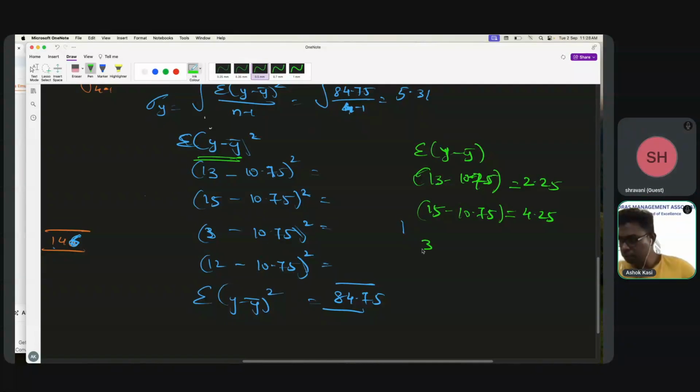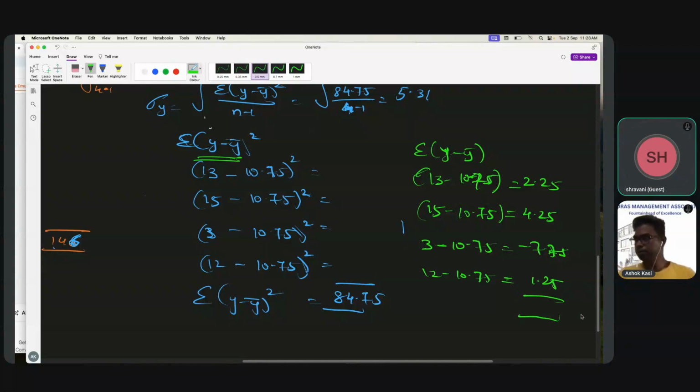Then 3 minus 10.75 is minus 7.75. 12 minus 10.75 is 1.25. Add up all this, it will come to 0. And that is why we squared it.